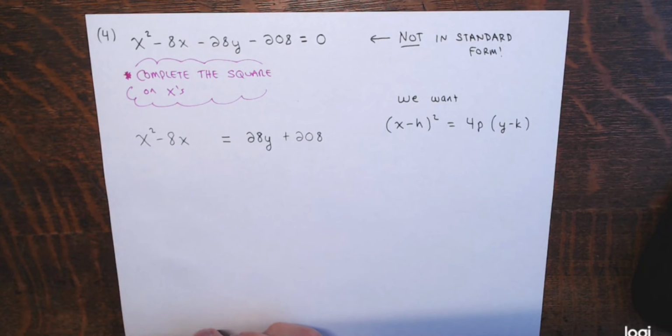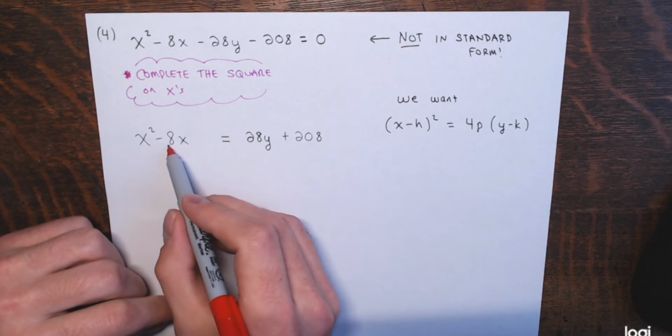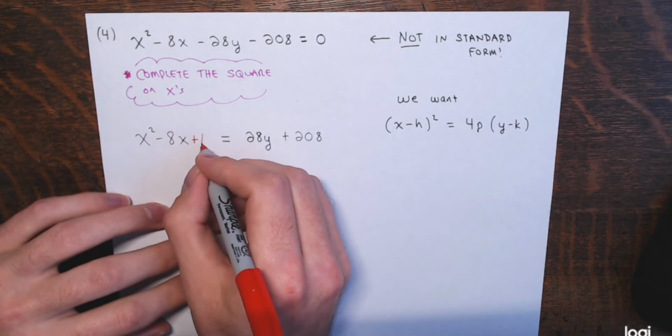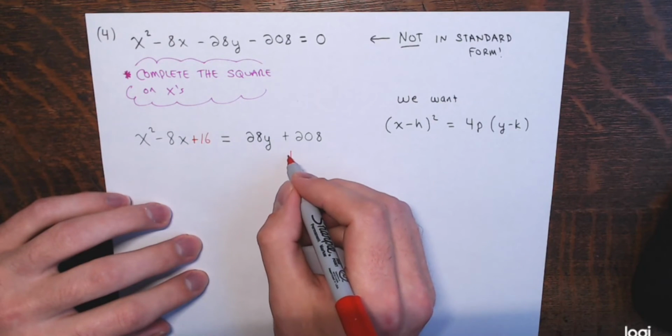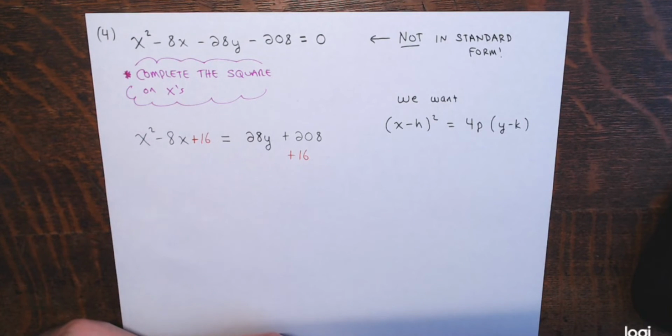Now comes the completing of the square. Right, so x squared minus 8x, I would take half of -8, which is -4, and then square that, which is 16. Right? So I'd be adding 16, and don't forget to do the same thing to the other side. Right? It's an equation, you got to keep it balanced.